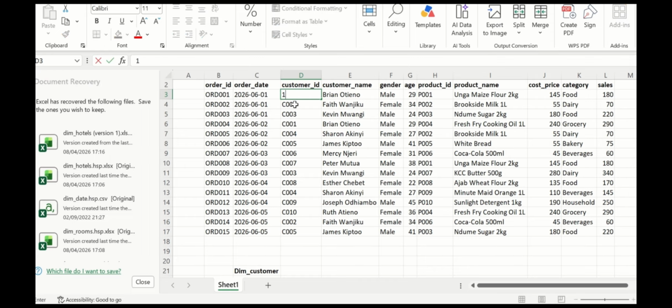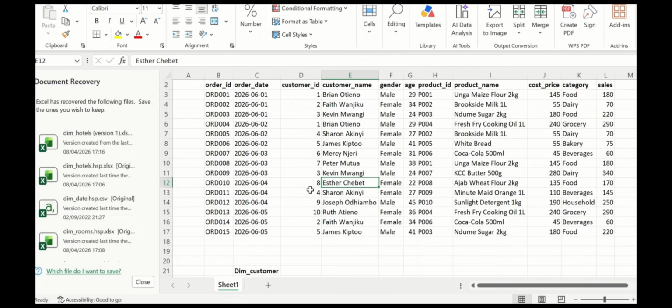Here we have C002, here C003, here we have C001, here C004, 5, this is 6, this is 7, this is 3, this is 8, this is 4, this is 5, this is 10, this is 2, and this is 5.